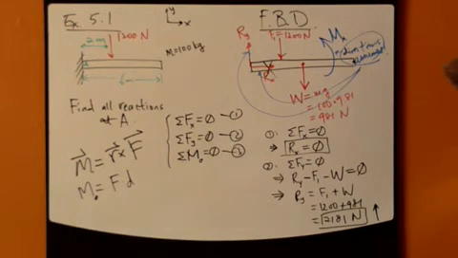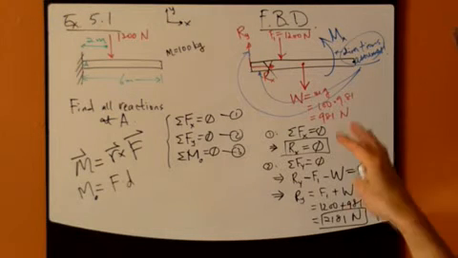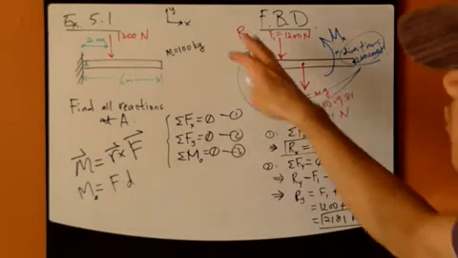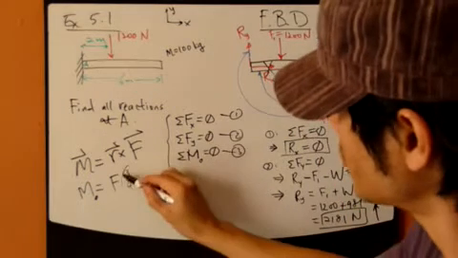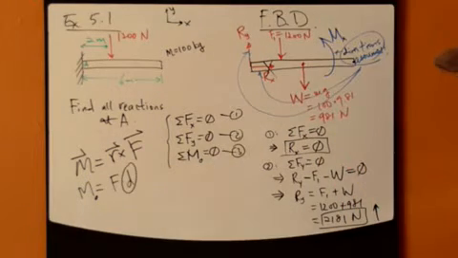Now, is there a point that I can choose where I can simplify a little bit, so I don't have to take into account all these forces? What if I choose a point where this D is 0?